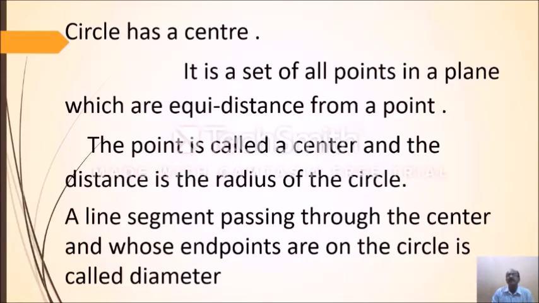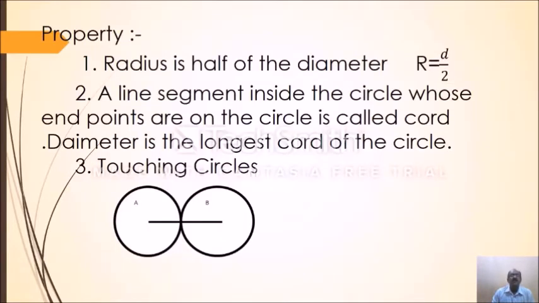From a point, the point is called a center and the distance is the radius of the circle. A line segment passing through the center and whose endpoints are on the circle is called diameter. We see some properties. First, radius is half of the diameter, that is r equals d divided by 2.